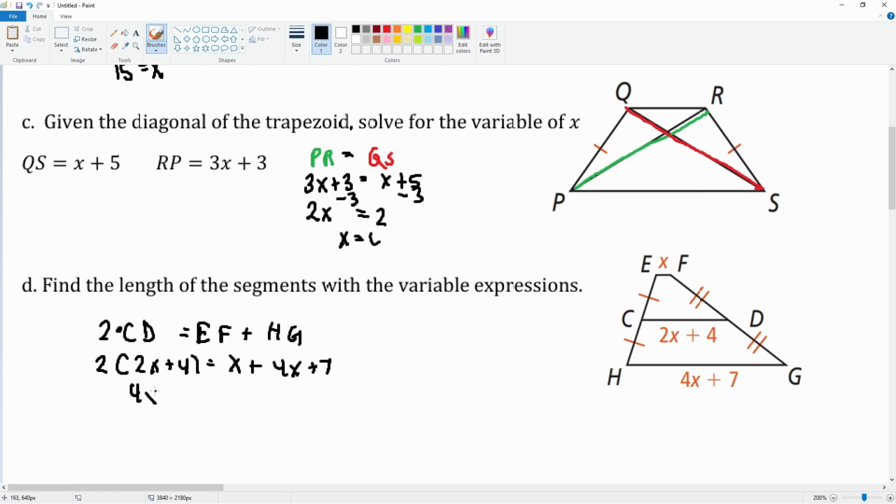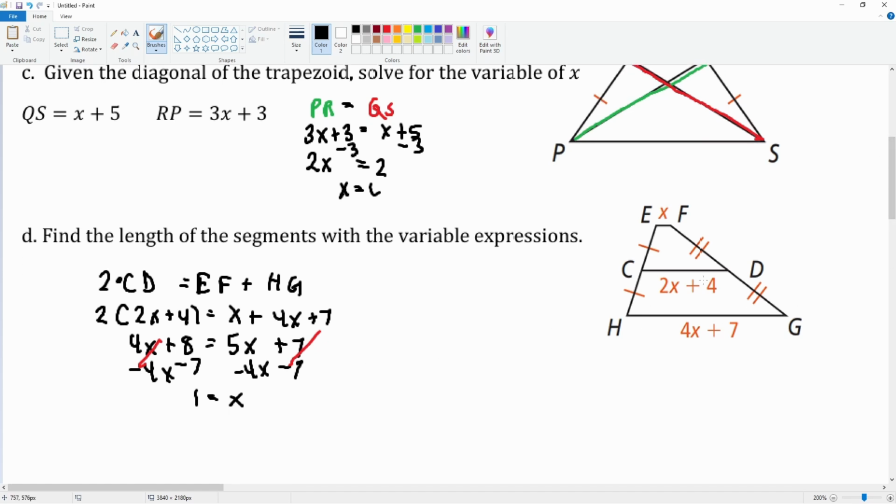This becomes 4x plus 8, this becomes 5x plus 7. Minus 7, minus 7, minus 4x, minus 4x. There's some cancellation. This cancels, this cancels. You are left with 1 is equal to x.